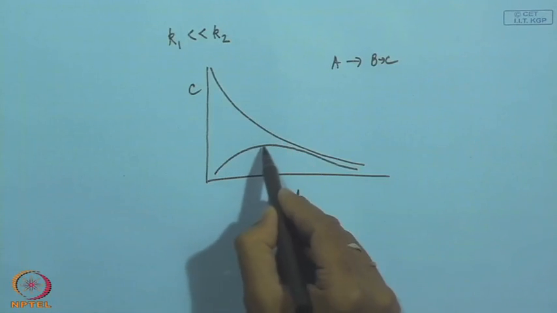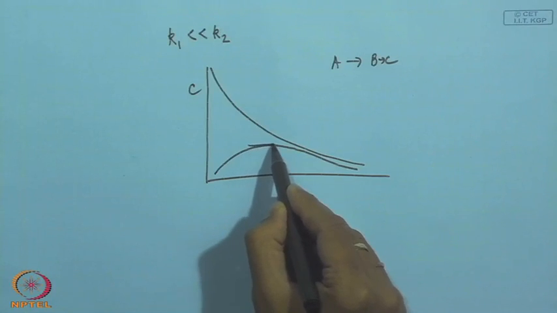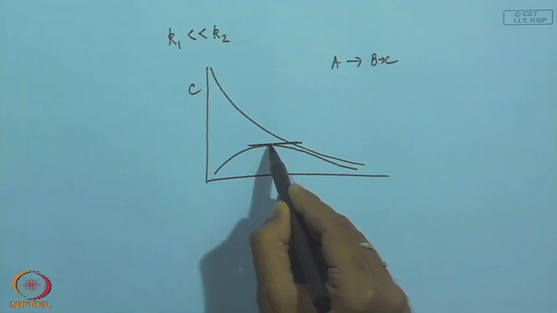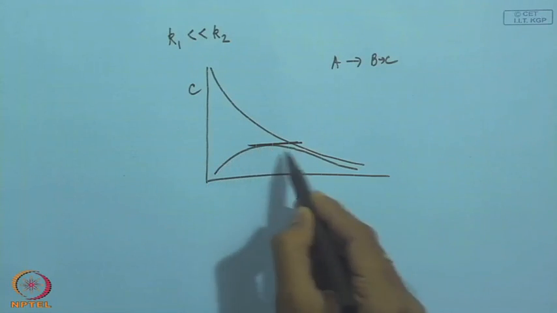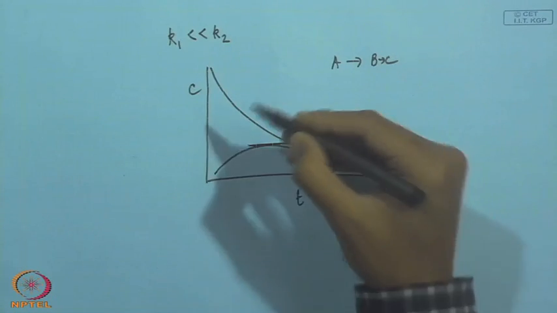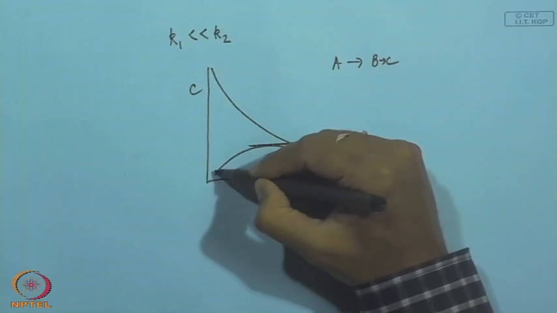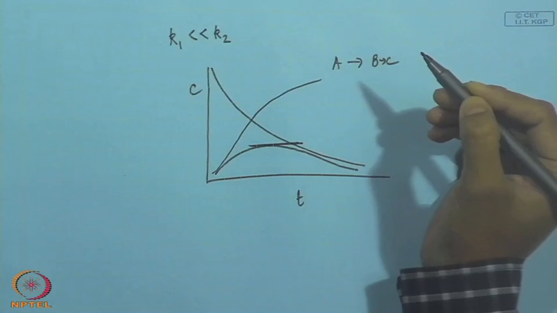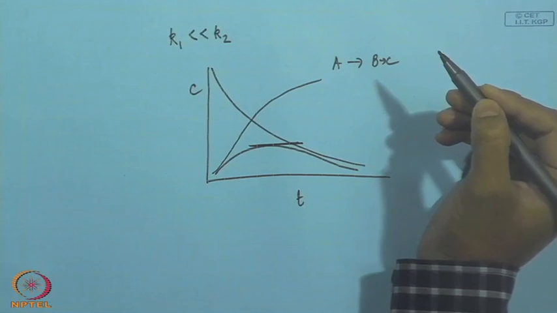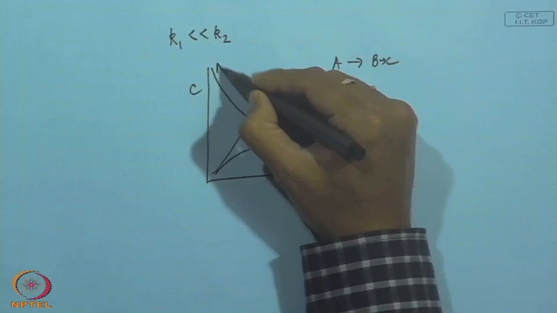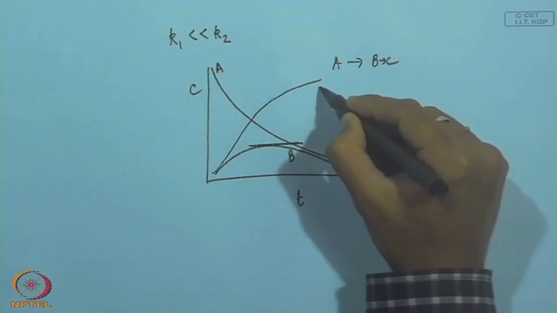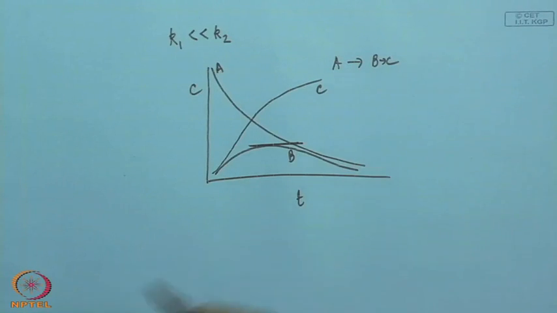The time at which CB is maximum takes a long time, because it is slowly growing and fast decaying. Okay. And as usual C is like this. So, this is A, this is B and this is C. So, these are the three possible situations that one can think of.